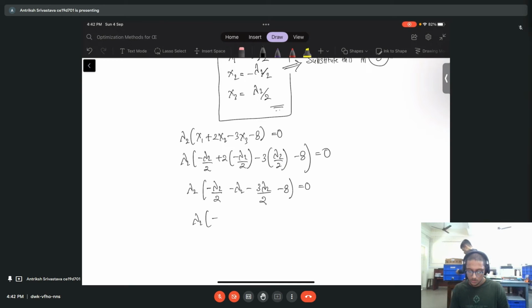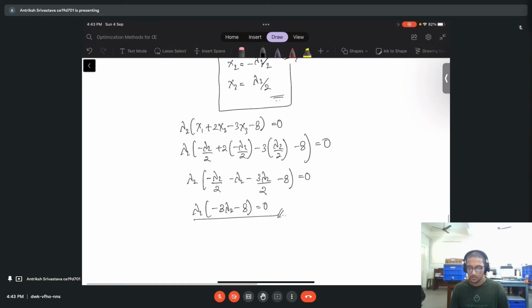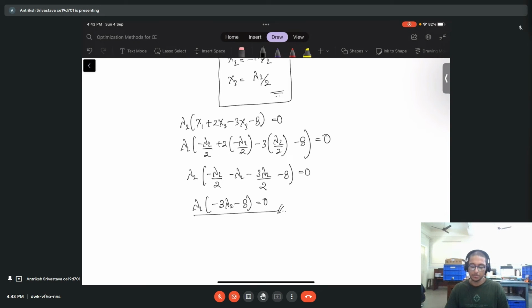Minus 3 lambda minus 8. Perfect. So this is the simplified form. For this to be true, lambda 2 can be either 0 or lambda 2 can be minus 8 by 3, correct?